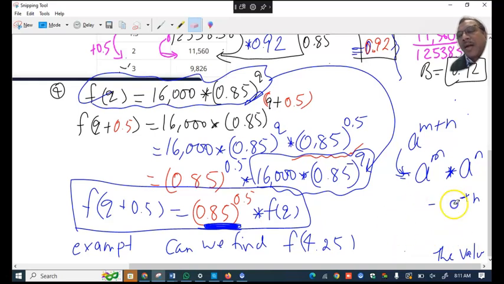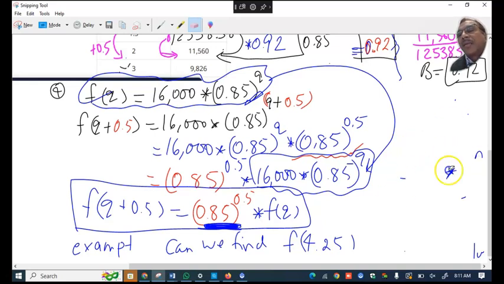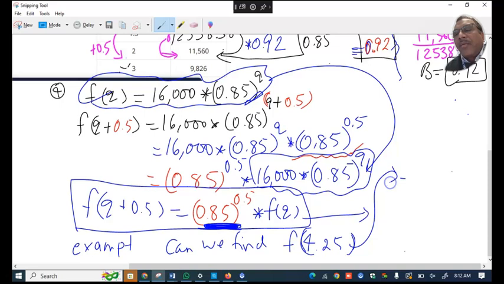So let's understand this. This is the beautiful thing about math. If I want to know what is f of 4.25, you can write that as f of 4 plus 0.25. So this is like a q here, and this is that little increment to the 4, the little input increases by some fraction.